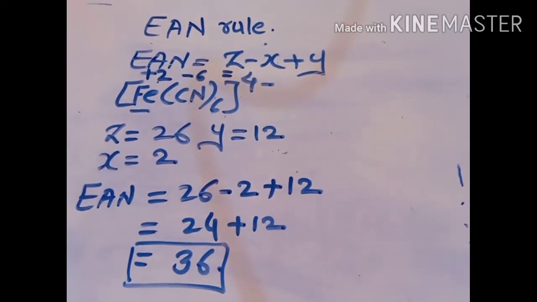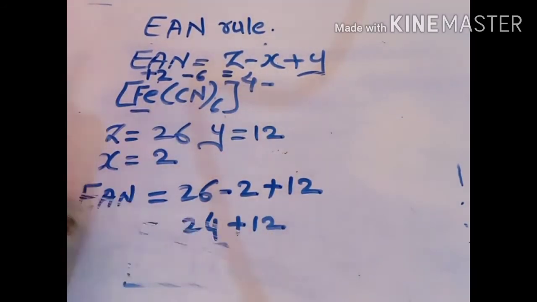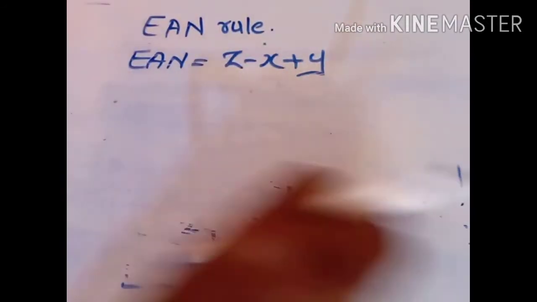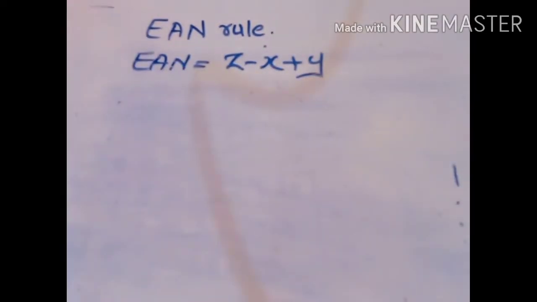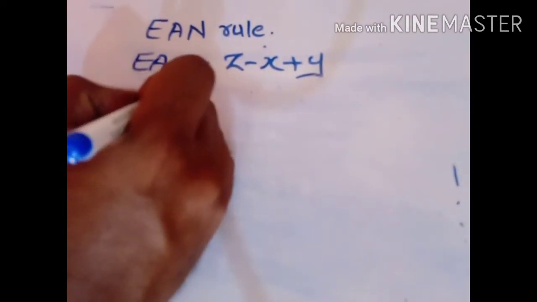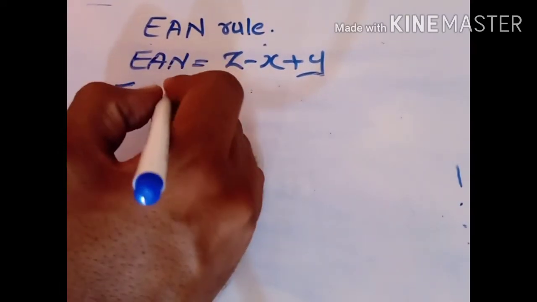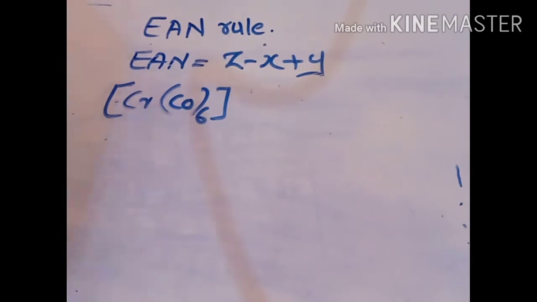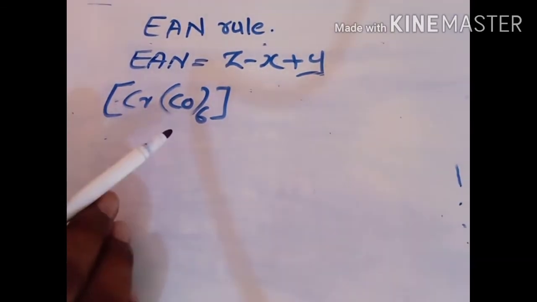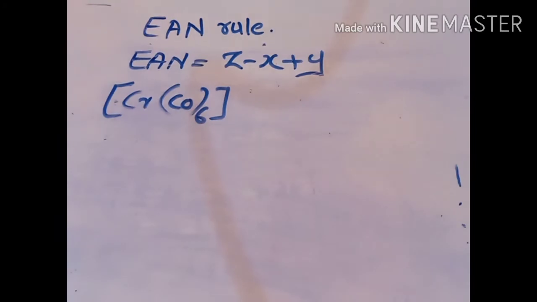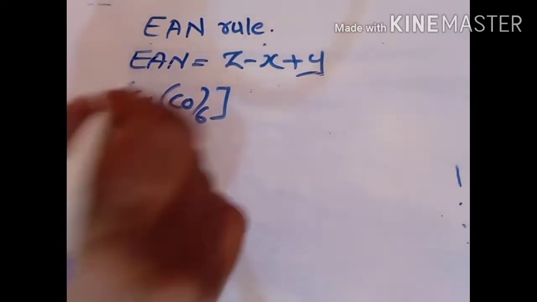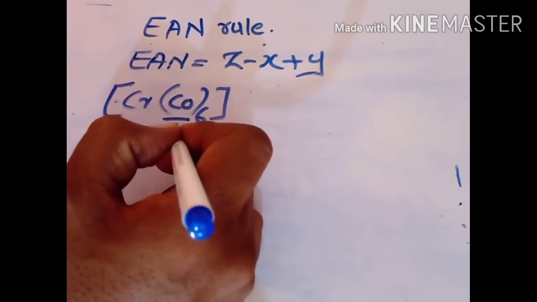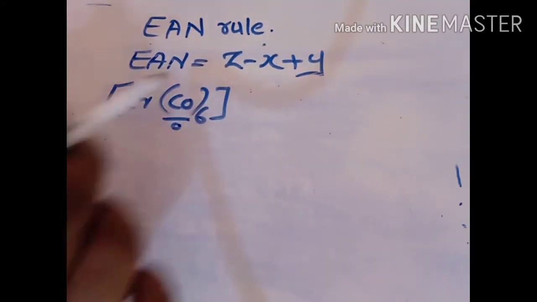Okay, another example we can take. Now Cr(CO)6, that is the complex we have. That is hexacarbonyl chromium(0). Here the carbonyl CO is a neutral ligand, which means it does not carry any charge.